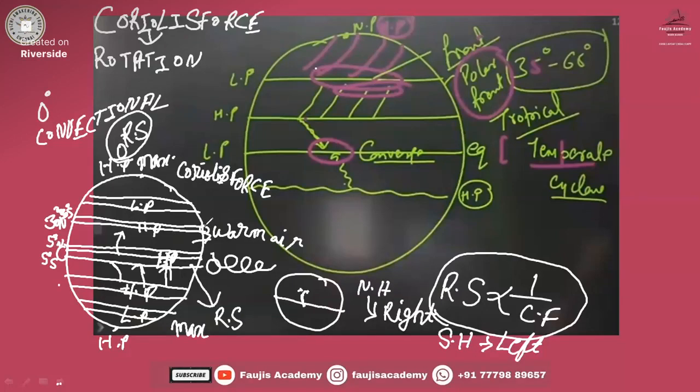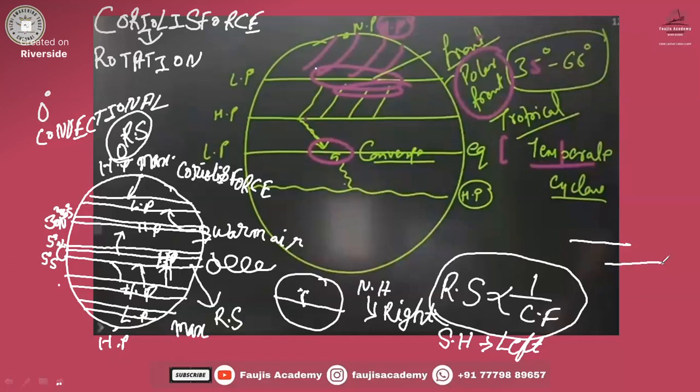At the tropical also we have warm air, so from here warm air is going in this side. Then here we have cold air, so from here cold air is coming. Now there is a meeting of cold air and warm air.